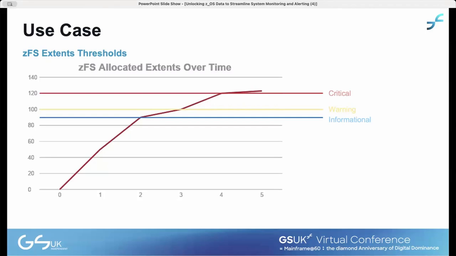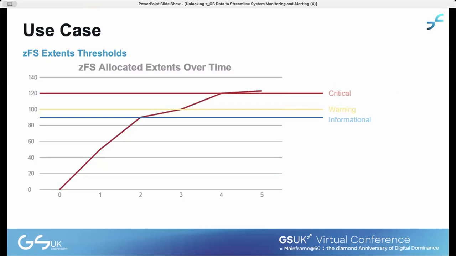So I may be interested in having 3 levels of alerting. As I mentioned earlier, maybe when my ZFS reaches 90% or above, I want to have an informational type alert message. This is more, hey, FYI, we are reaching a 90 extent allocation.